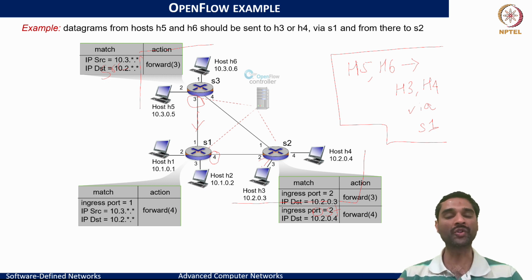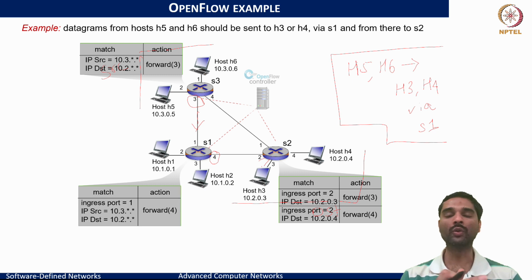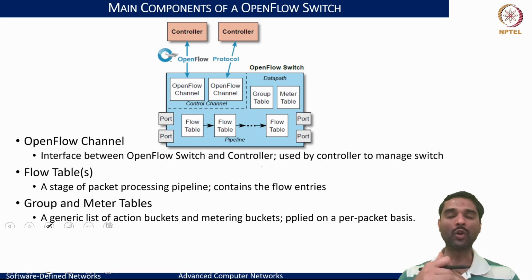This is how the abstractions and the means to configure specific rules at each of the routers are presented from the OpenFlow point of view to the network operating system or the SDN controller. So I've tried to summarize the essential aspects of how the SDN controller would behave, what OpenFlow is, and how that can be used to set specific rules.